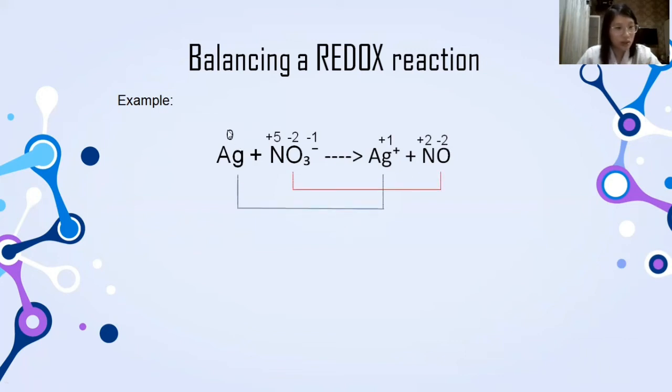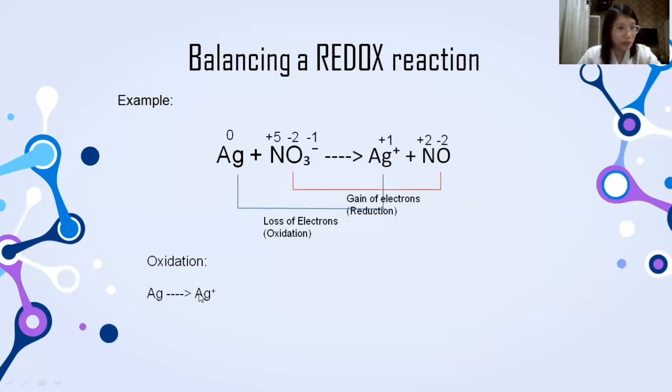As you can see here, the charge of silver went from 0 to +1, so that means oxidation will occur. And nitrogen has a charge of +5 to +2, so that means reduction will happen. Now we'll take a look at the oxidation reaction. Silver becomes silver ion.